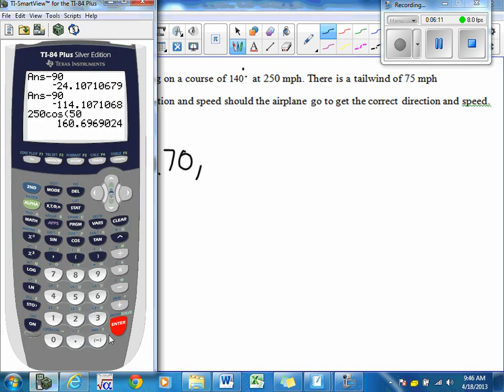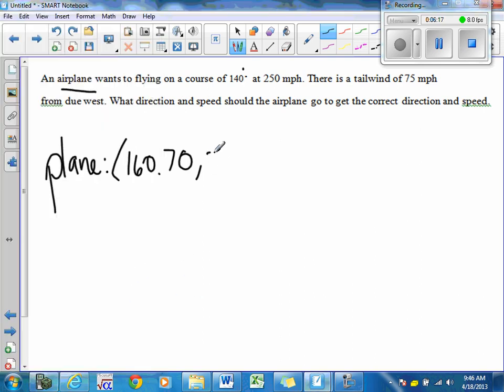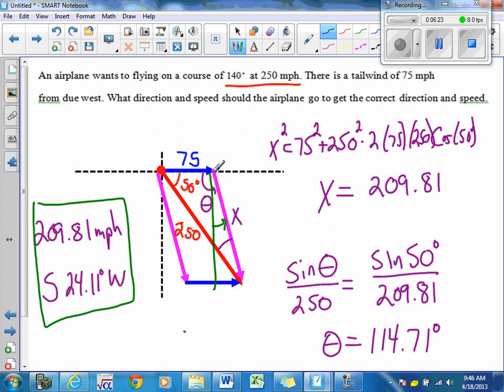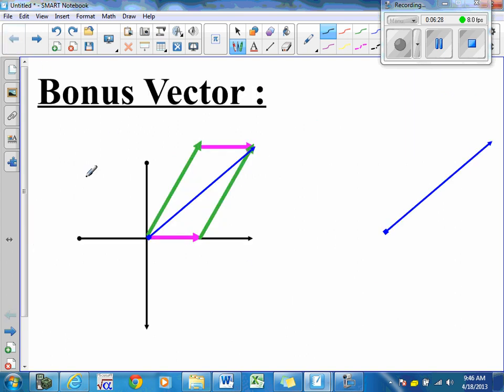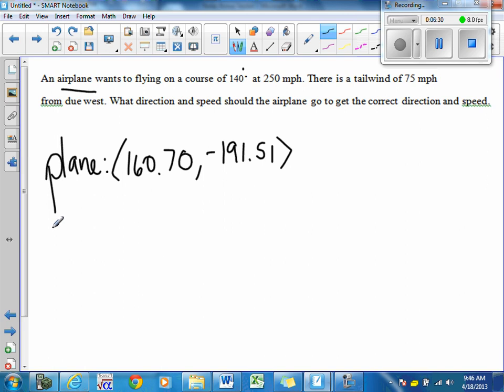And then I can do 250 sine of 50 and get 191. Now it's negative 191.51. You can get that from your diagram. You can see it's positive x, negative y. And then we have our tailwind, which is 75, 0.